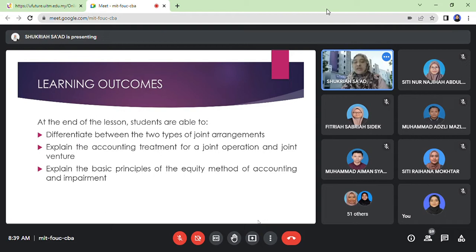So basically you must be able to explain the principle of this equity method, as compared to the acquisition method. So now you should know that you have applied two different methods, and at the same time you must be able to differentiate these two approaches.